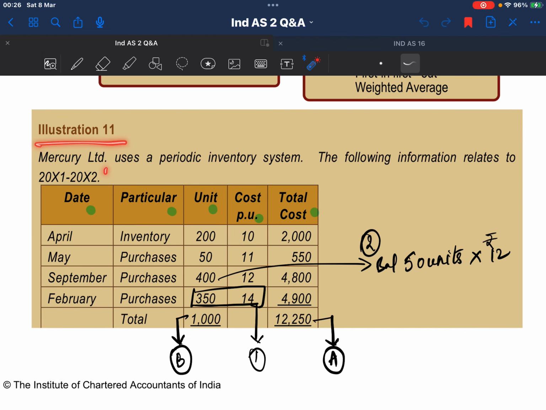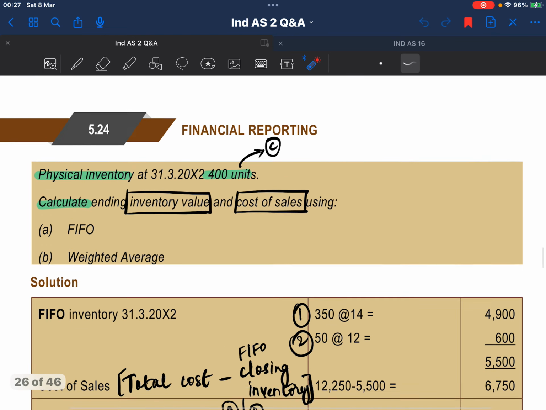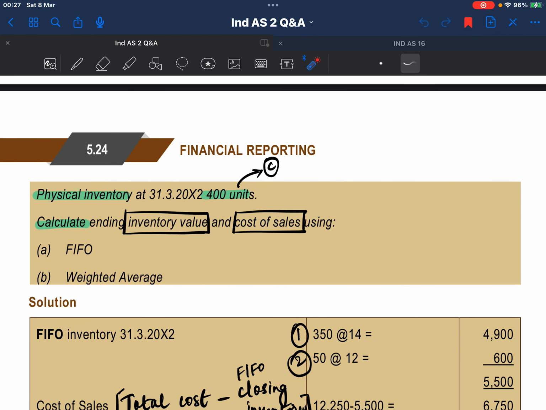Illustration 11. Mercury Limited has provided the following data: the date, particulars, units, cost, and then total cost. The total cost is there and the units are also given. Physical inventory at 31/3/20x2 is 400 units.